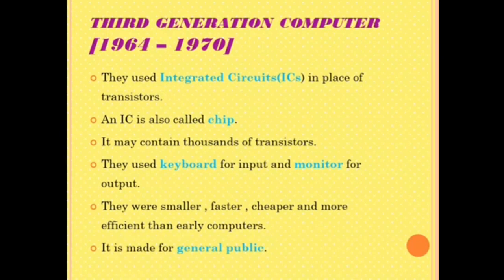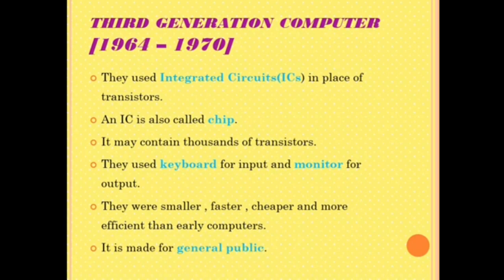First generation used vacuum tubes, second generation used transistors, and here they use integrated circuits. An IC is also called a chip. It may contain thousands of transistors.